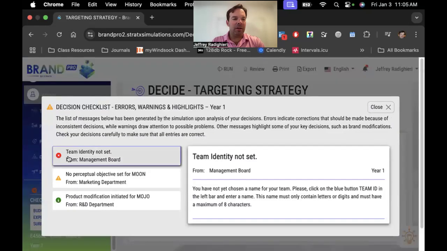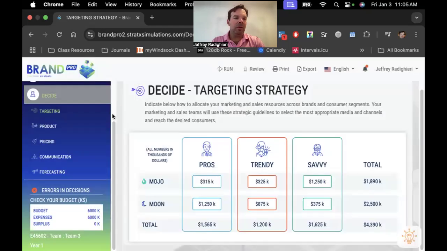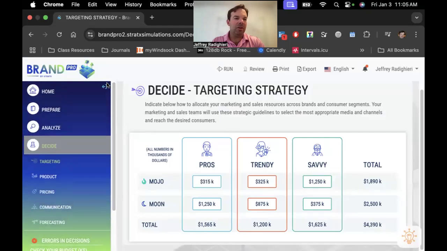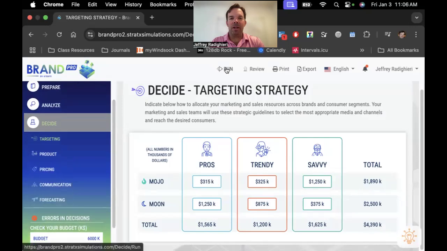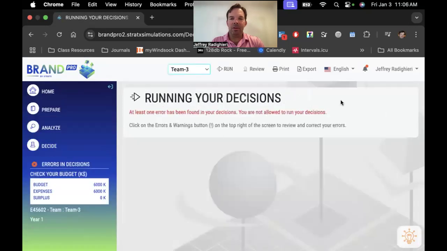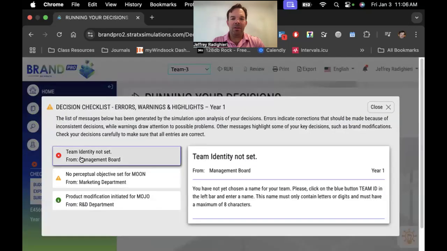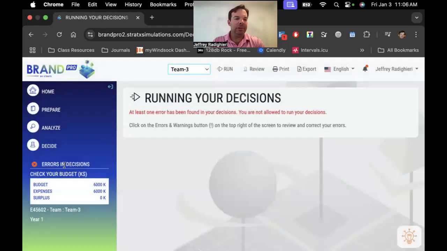It also tells us that our team identity has not been set, which is something that you don't have to necessarily change. So I'm not going to worry about that at this moment. So I'm going to try again, run. At least one error is found in your decisions. Let's go back. It is going to make us change this. Click the blue button, team ID in the left bar.